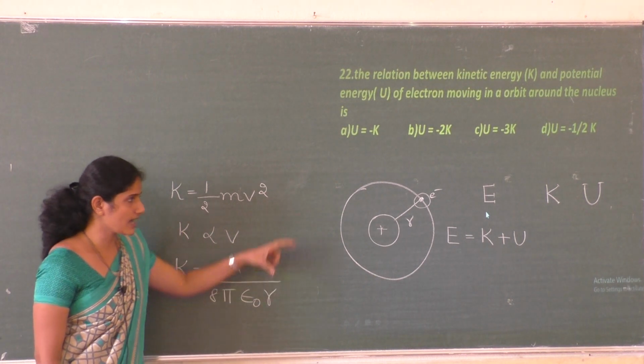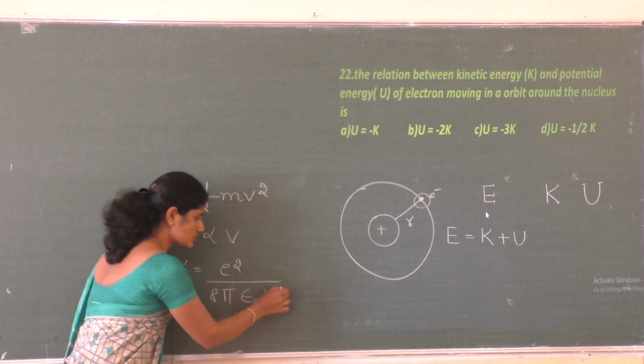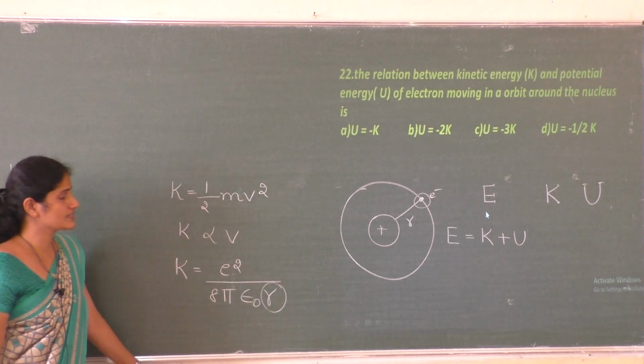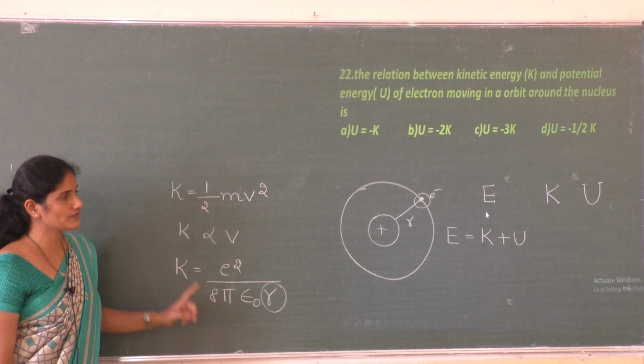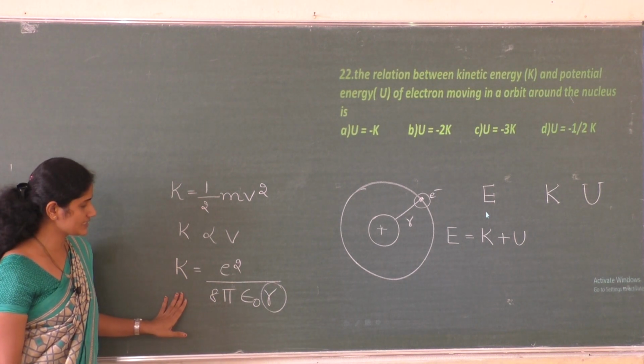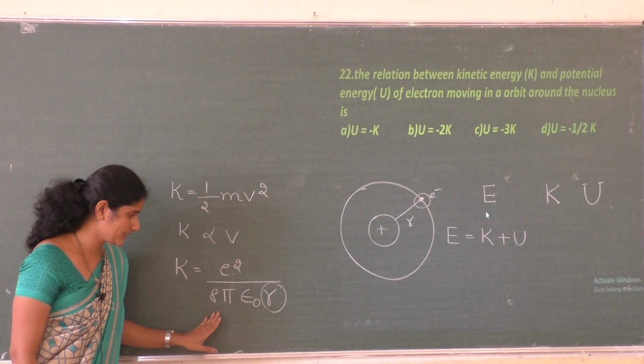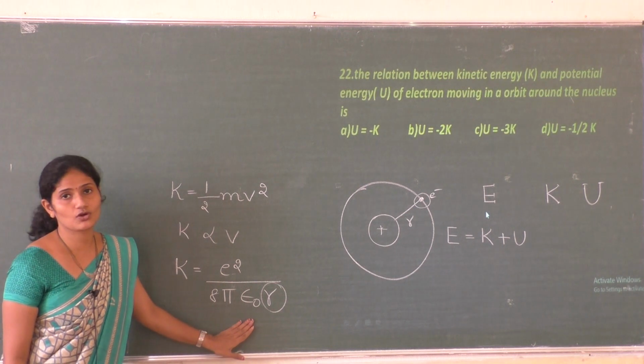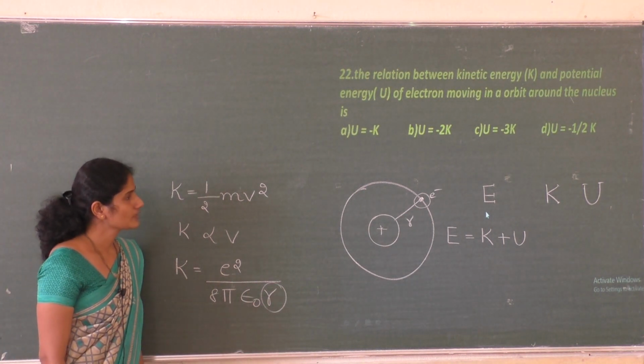R is the distance. So for an electron revolving around the nucleus, K equals e square divided by 8 pi epsilon naught R.